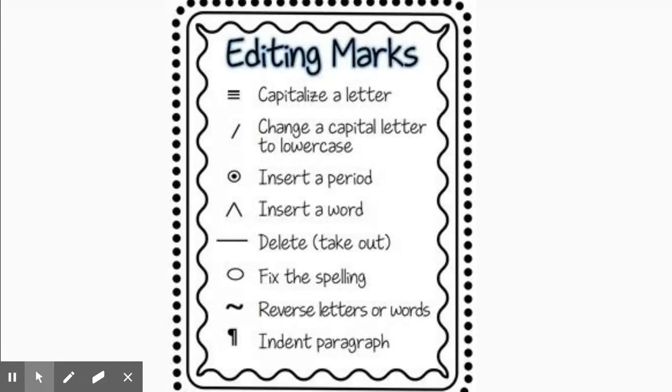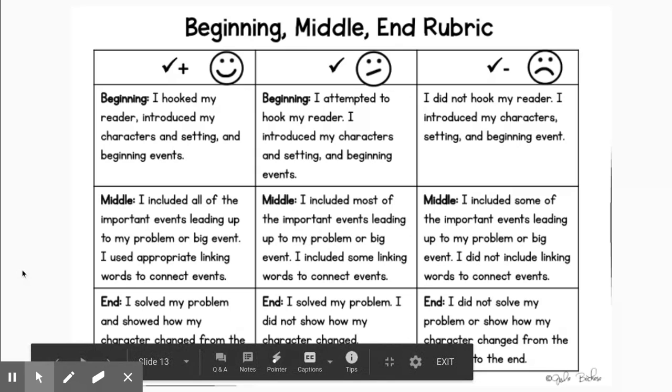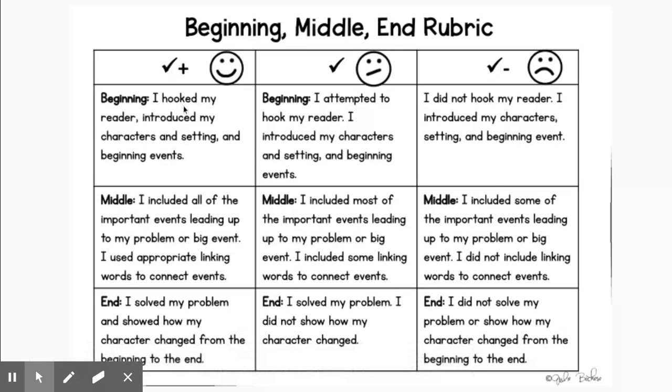The next thing I need you to do is simply reread this rubric. I want you to look at your writing and I want you to see if you have a hook to hook your readers and introduce your characters and setting and beginning events.